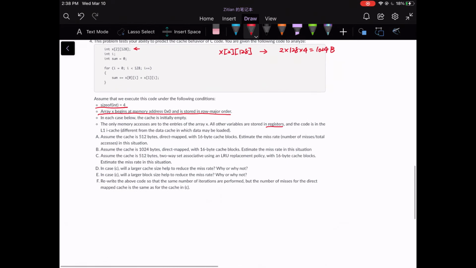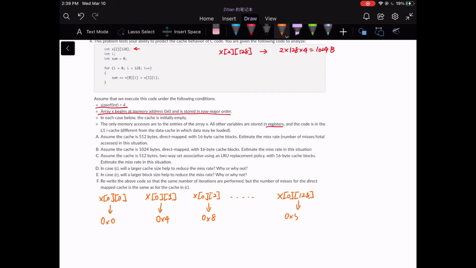This just means X00 is stored in address 0x0, and X01 is stored in 0x4, because the size of each integer is 4 bytes, then 0x8, and all the way to 0x512.